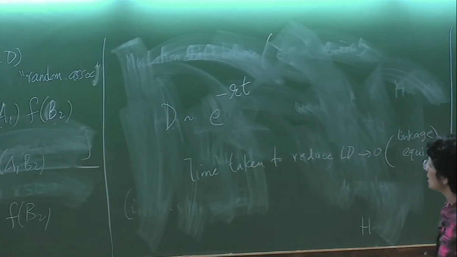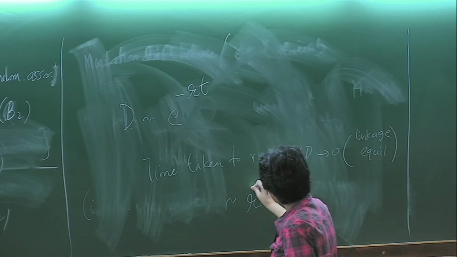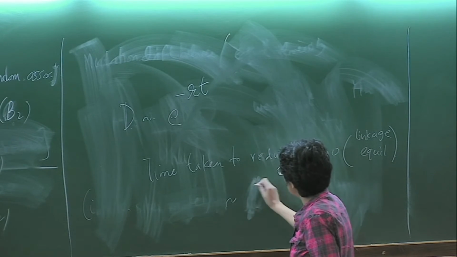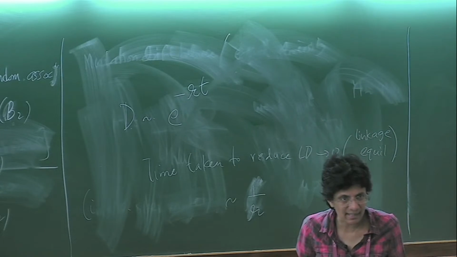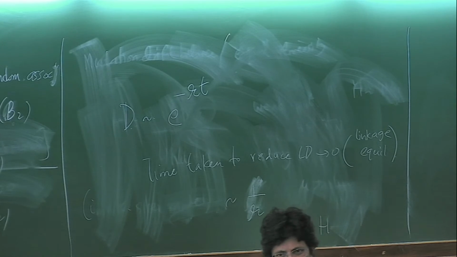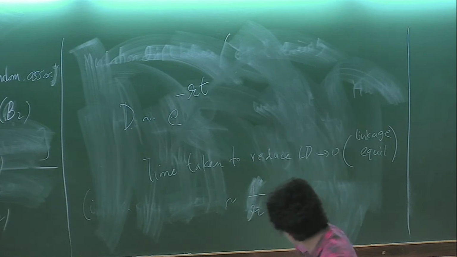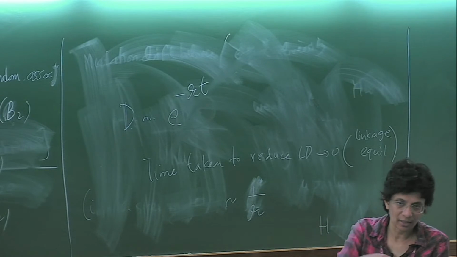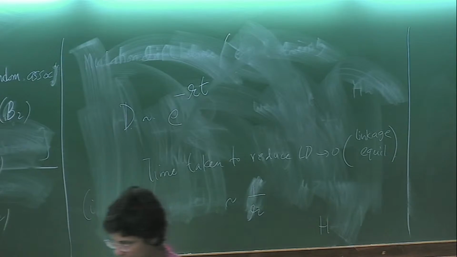So that time is of the order of 1 by r. It makes sense? Because if there's no sex, there's no recombination, time will be infinite. You're always stuck with this guy. But if there's a lot of sex, a lot of recombination, the time is very short. Quickly you get rid of these associations. Okay? So this is how LD changes with time.